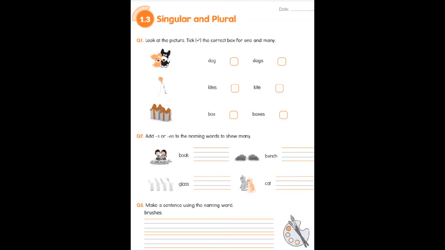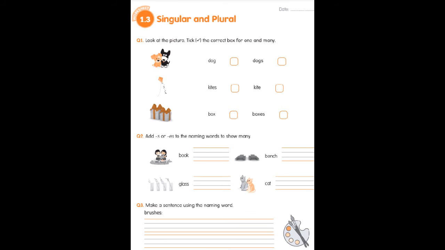Now let's solve the worksheet 1.3, singular and plural. See question number 1. Look at the picture. Tick the correct box for one and many. Now here they have given pictures and words, so you have to tick the correct mark in the box.